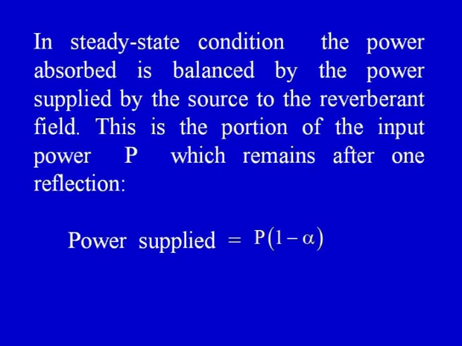In a steady state condition, the power absorbed is balanced by the power supplied by the source to the reverberant field. This is the portion of the input power which remains after one reflection, and this is given by P into 1 minus alpha.